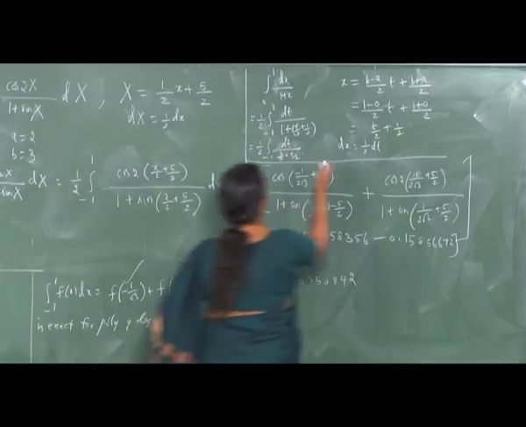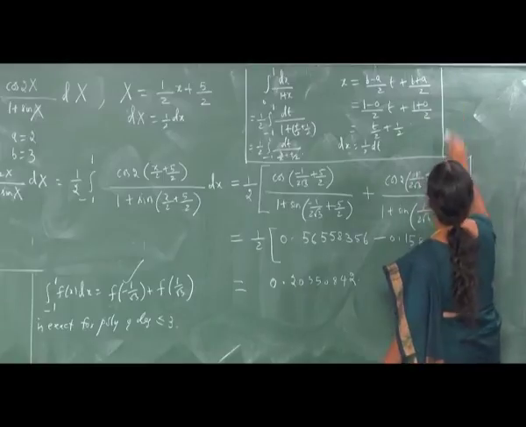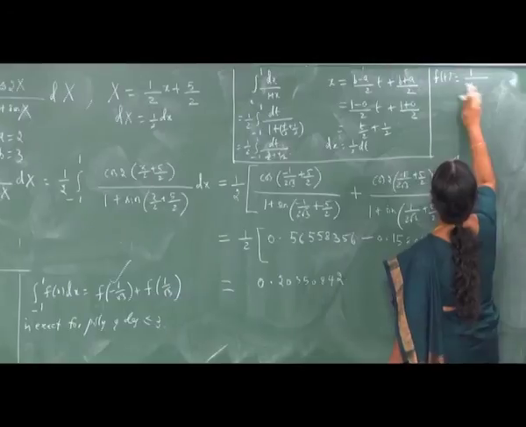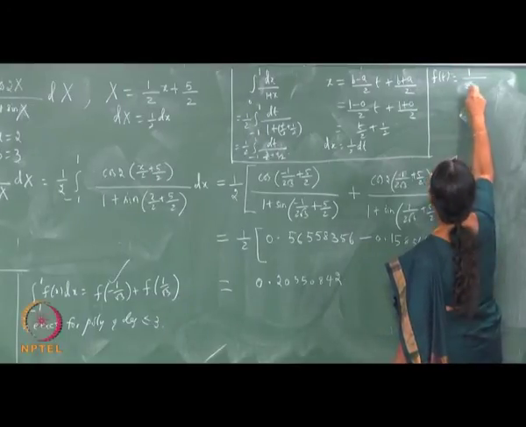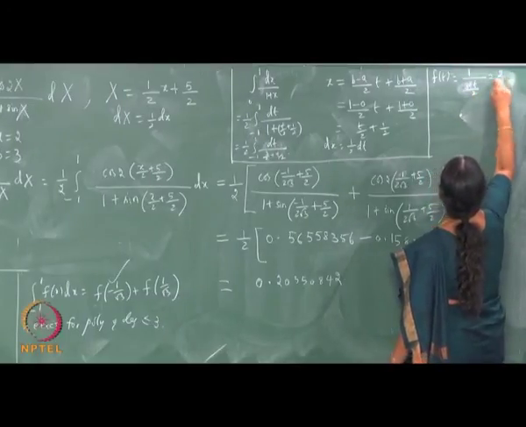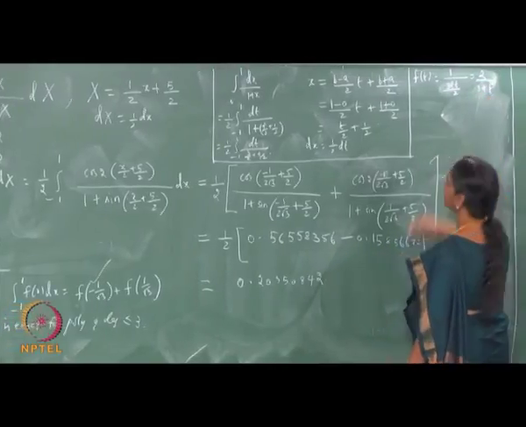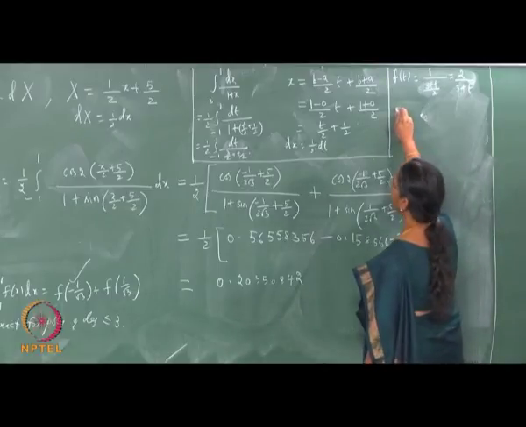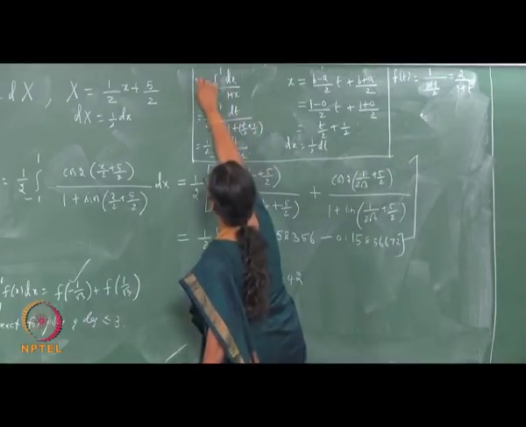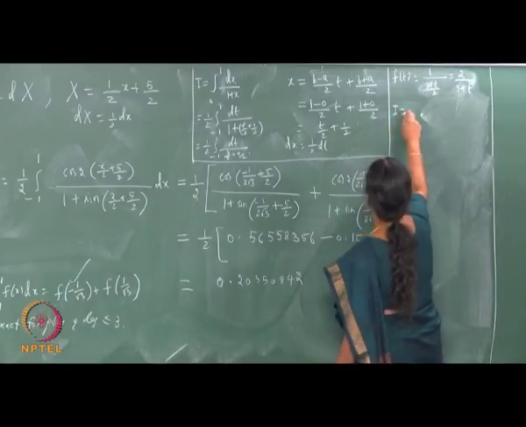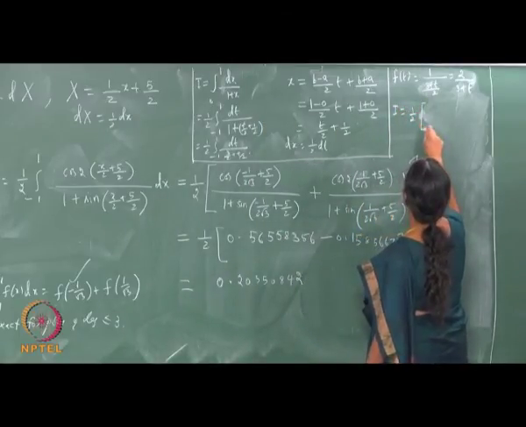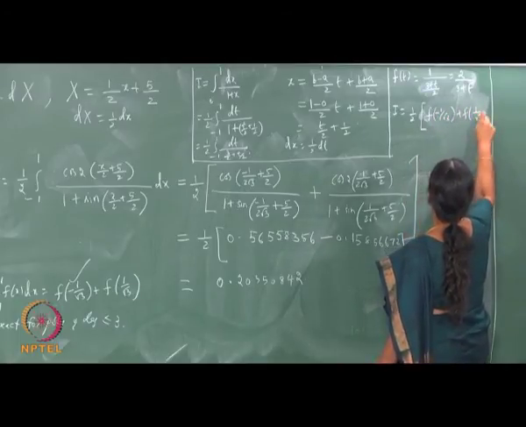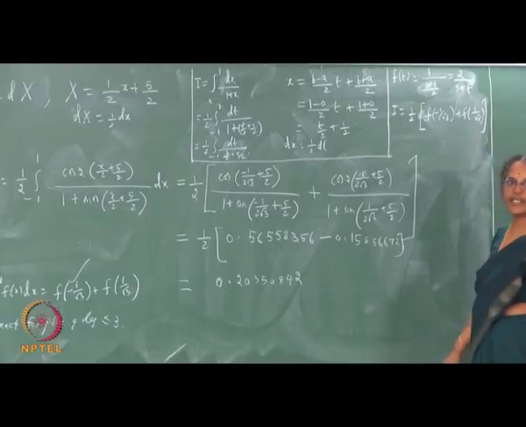So, what is my function? My function here is f of t, and that is 1 by 3 by 2 plus t by 2, or 2 by 3 plus t, that is my f of t. So, this integral, if I call this I, then the integral I will be half of f evaluated at minus 1 by root 3 plus f evaluated at plus 1 by root 3.